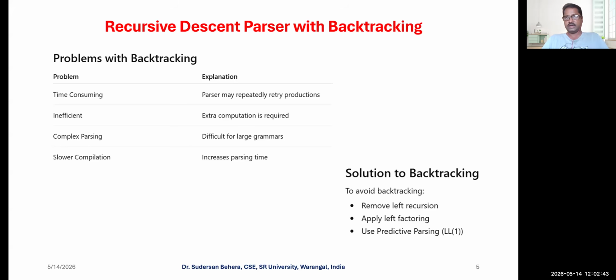No doubt there are two or three other techniques to avoid backtracking, but the most efficient approach, the finest approach that has been seen, is the LL1 parser or top-down predictive parser. So from here, the top-down predictive parser came into the picture.